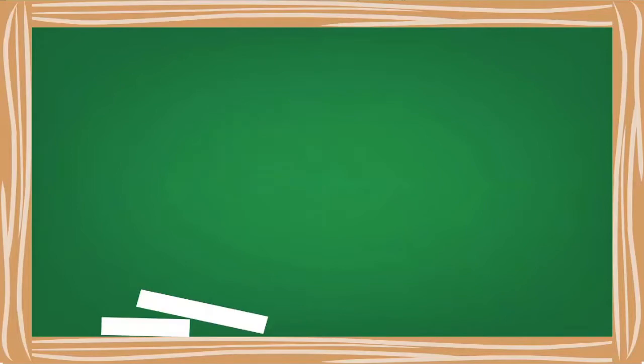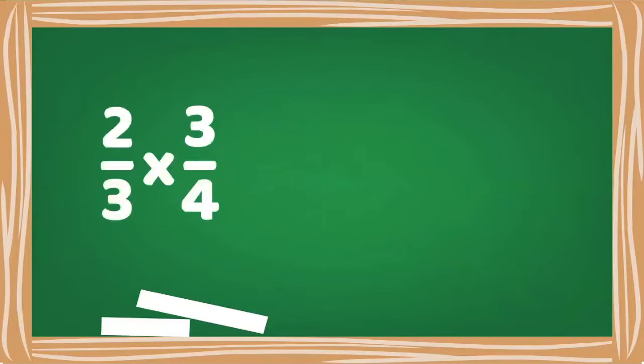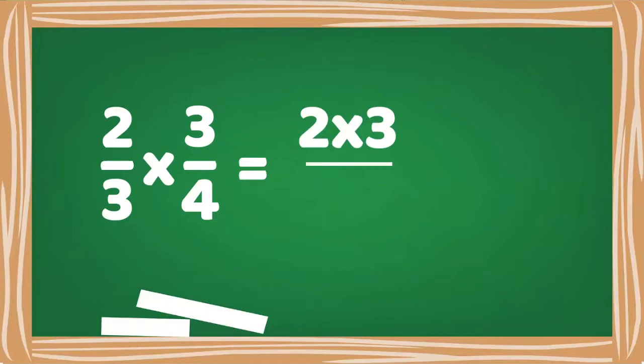So let's start. Let's go back to our previous example, 2/3 times 3/4. This multiplication problem can be rearranged to look like 2 times 3 divided by 3 times 4. Now, our problem looks like two multiplication problems that are divided together.